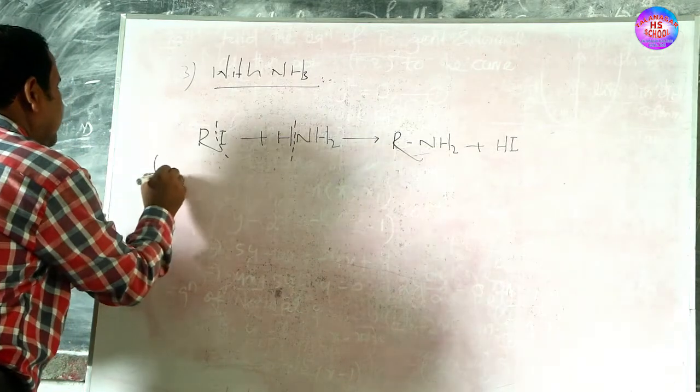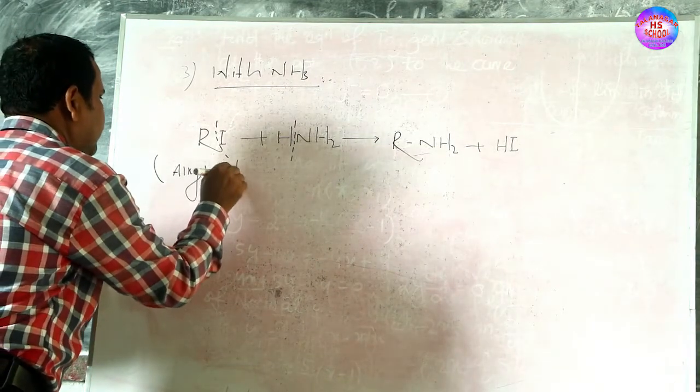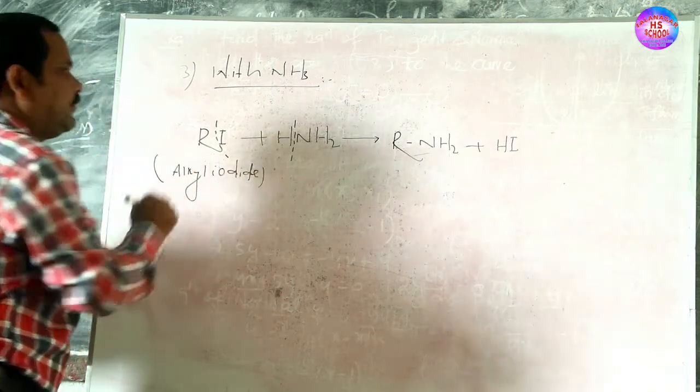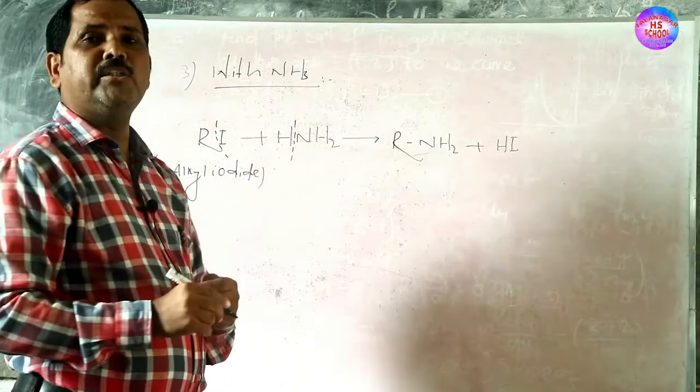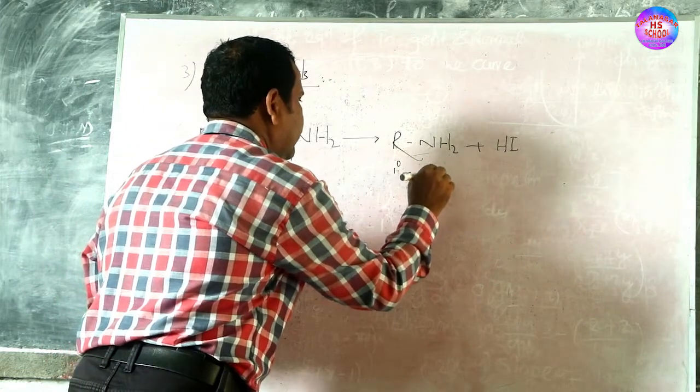RI is your alkyl iodide, RNH2 is your primary amine. You can write 1-degree amine.